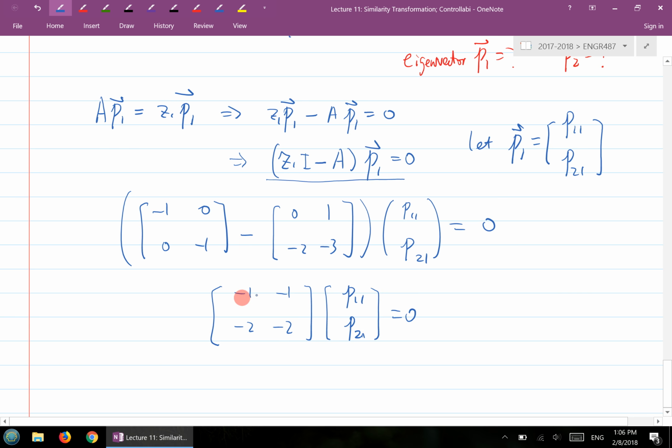Now multiply this row with this column, and this row with this column, but these two are essentially the same, just a scale difference. So you could just write down one expression: P11 plus P21 equal to 0.